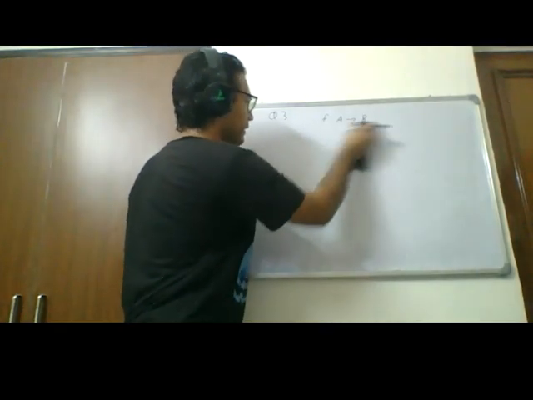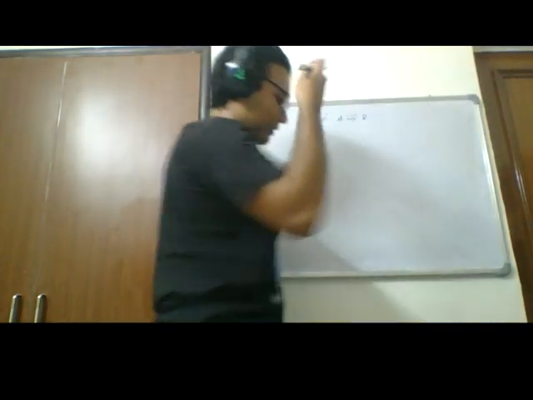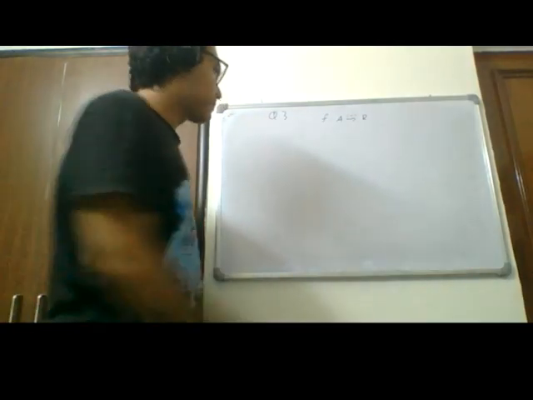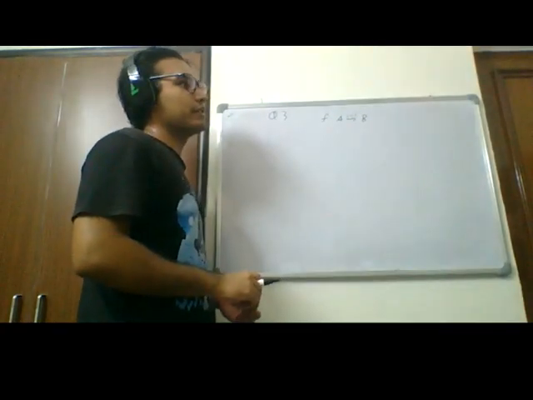For defining a left inverse for the injective case, that doesn't require choice, I believe. So let's just check. Yeah, injective, right? So how would we go about it? Let's see.